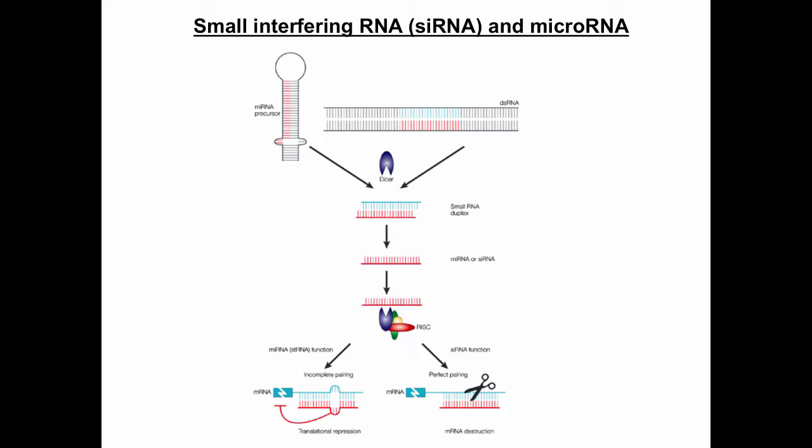So it destroys the mRNA, and acts as a way to cause gene silencing. That way there's less mRNA transcript, and therefore less protein being made in the cell. So that was the figure on the other side of the handout.